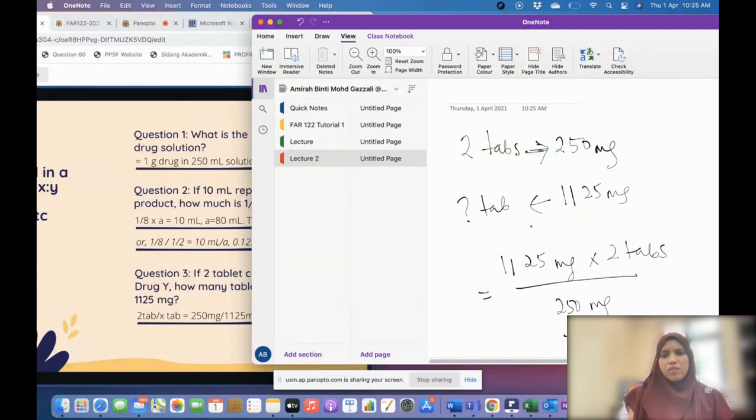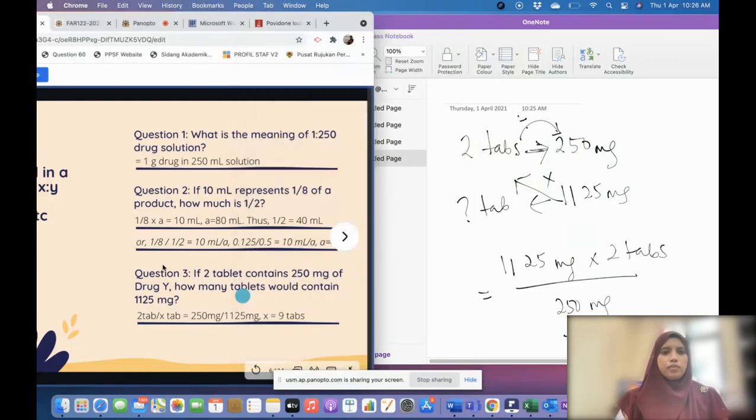So you multiply this, and then you divide with this. So you can take your calculator and do 1125 times 2 divided by 250. So it should be 9 tablets. Okay, this is a second way on how to calculate the question.